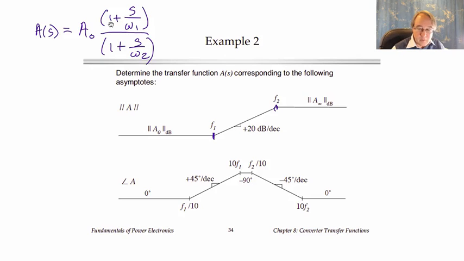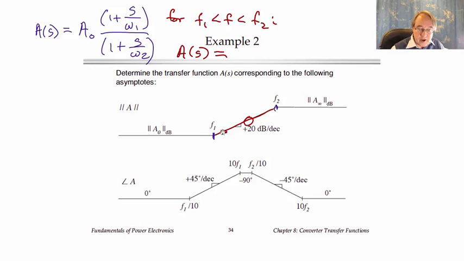So for example, what is the equation of the mid-frequency asymptote here between F1 and F2? So for F between F1 and F2, we can write A of S as follows.